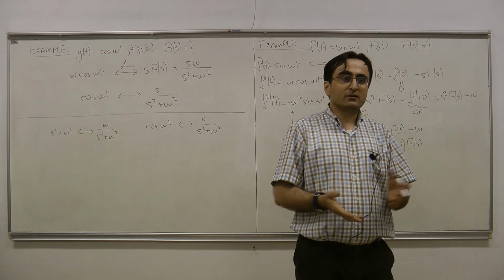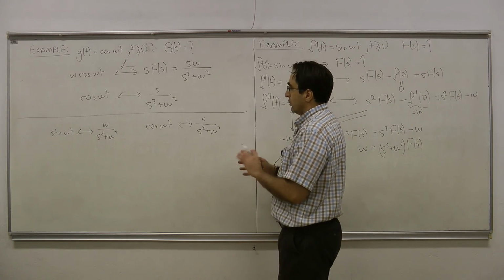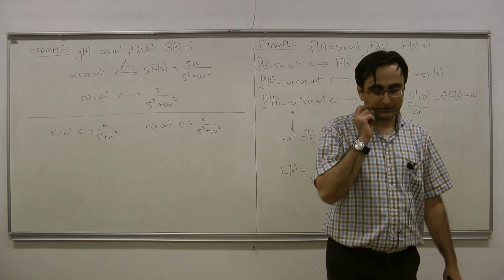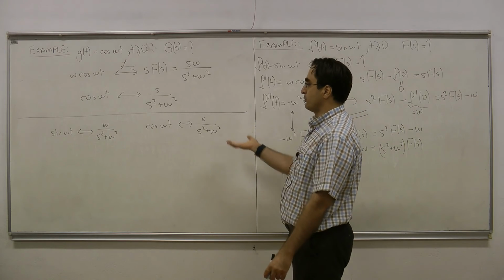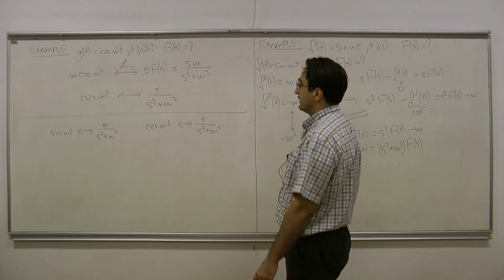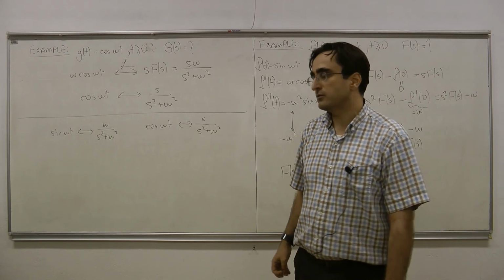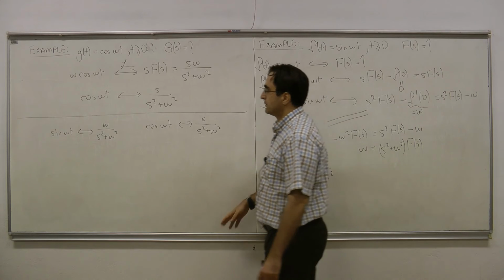Is sine in its Laplace transform, does it have omega or s? So most of the time students are confused about this. The way I remember such a thing, I of course memorize this. I don't do the derivation every time I need the Laplace transformation of sine or cosine. So the way I remember this is the following.